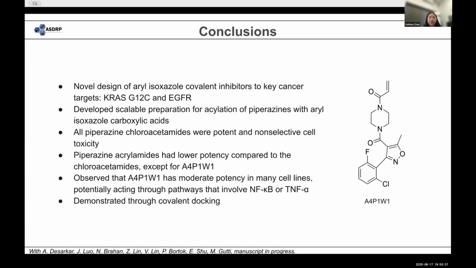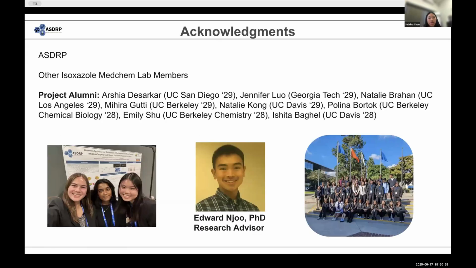We also observed that A4P1W1 has moderate potency in many cell lines like HT29, HCT116, and 231s, which is potentially acting through pathways that involve NF-kappa B or TNF alpha. And we demonstrated this through covalent docking.